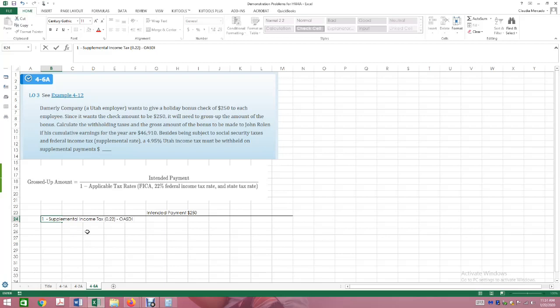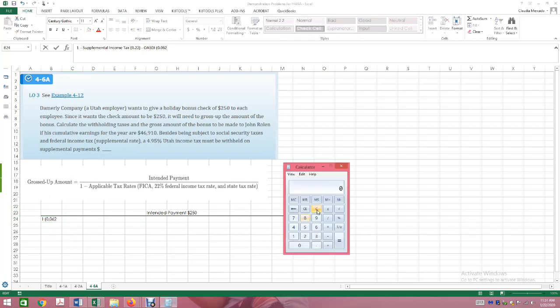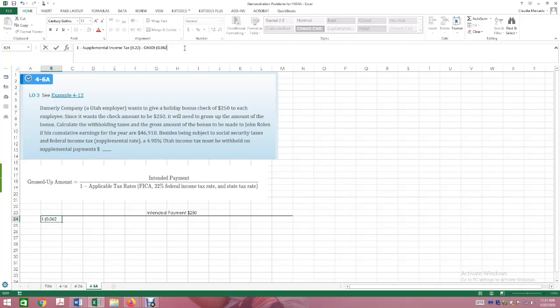So I have OASDI of 6.2%. I'm converting it to decimals, so it'll be 0.062.